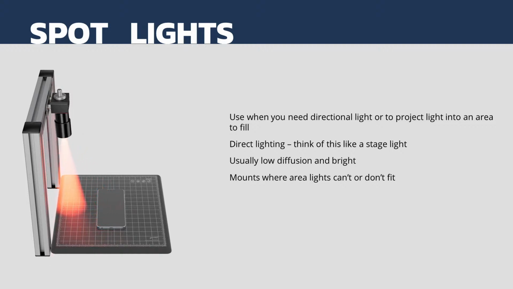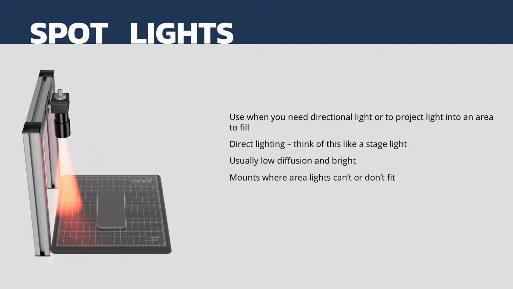The real benefit of a spotlight is it mounts where area lights can't or don't fit. So again, we talked about using bar lights if we can't be directly over a conveyor or something like that. Well, spotlights give us another common geometry that we can angle in from the sides, but they are illuminating a more direct, small area.